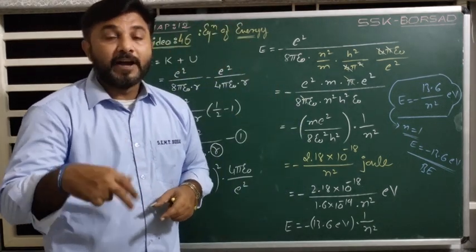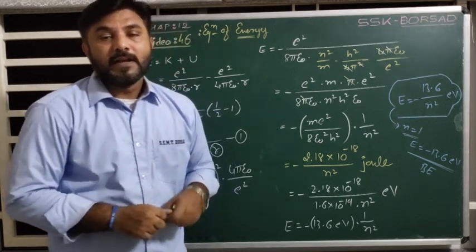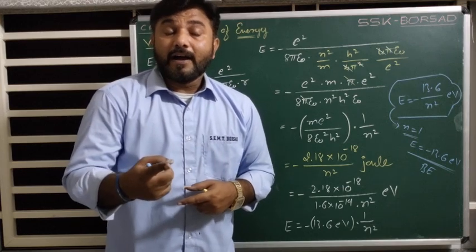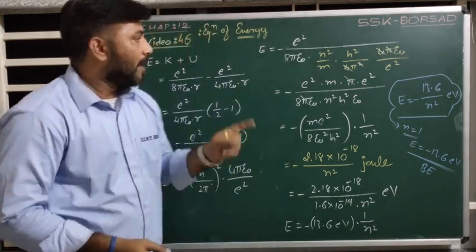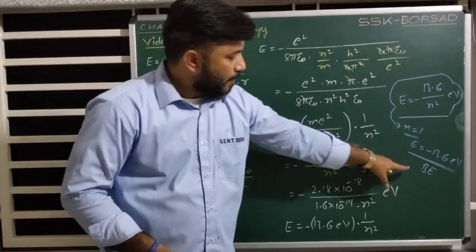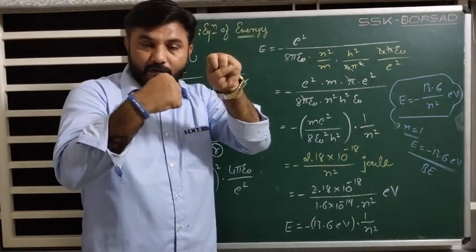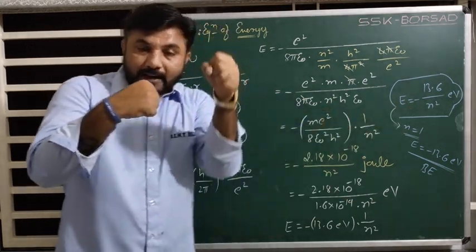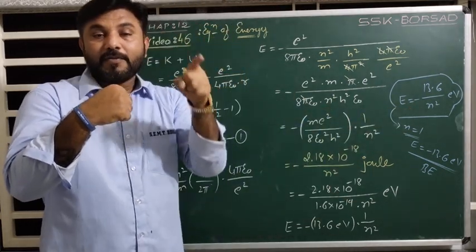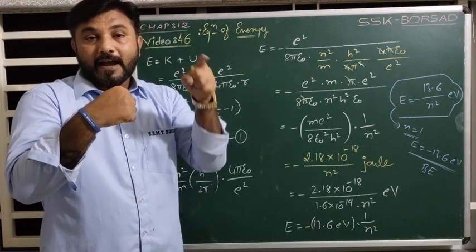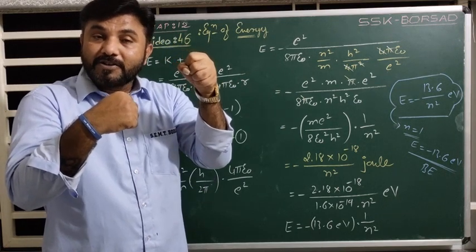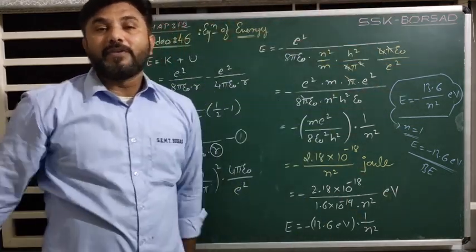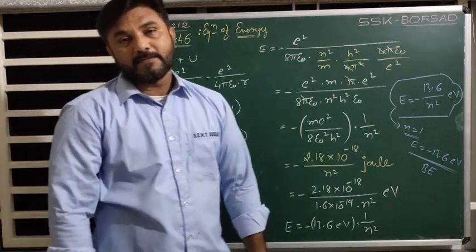We have seen these things in the past also, in 11th standard in the case of escape velocity. Here, due to the binding energy, the electron remains in the orbit because of this minus sign. If the same amount of energy, 13.6, is given in plus, then the electron will go to infinite distance.